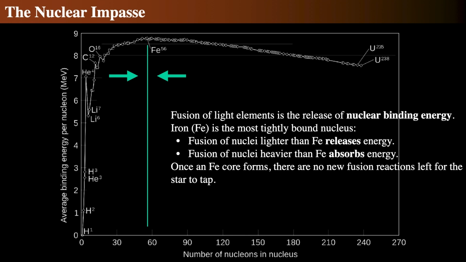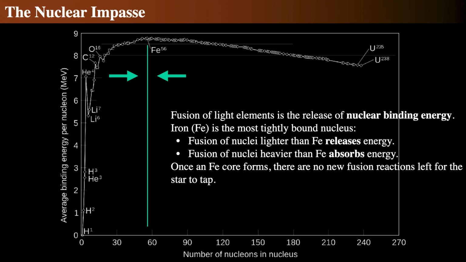So you get energy by fusing light elements into heavier elements, so long as the elements have an atomic number less than 56, which is iron. So they release energy. But if you want to fuse elements heavier than iron, it must absorb energy.